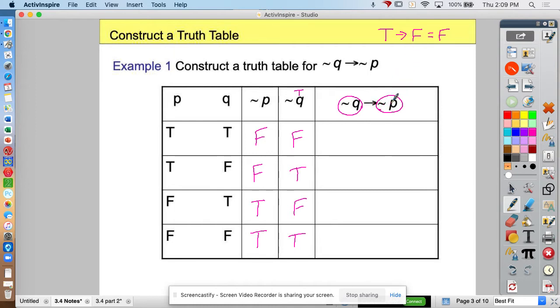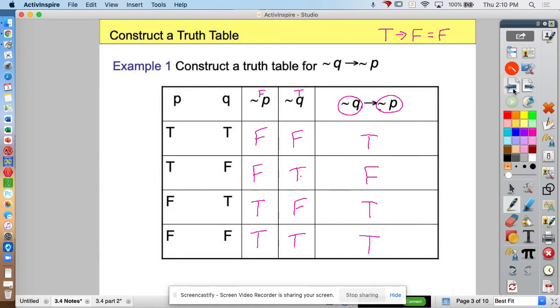It has to be false. So I'm going to come over here and make a cheat note that that one has to be false. So when I look at these two columns, I'm looking for T and an F, and this is where I find it, so my answer is false. Everything else is not in that correct order, so they're all going to be true.